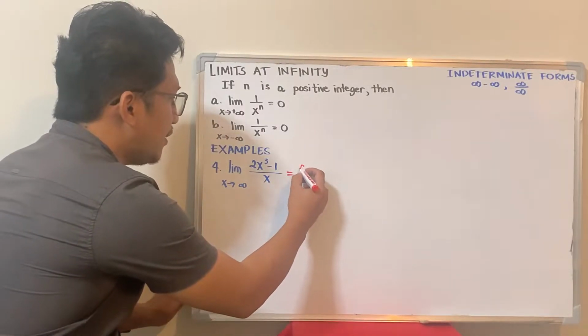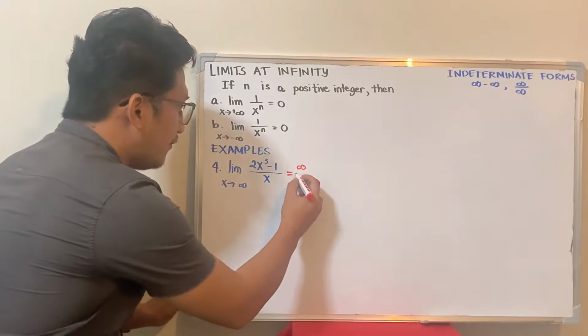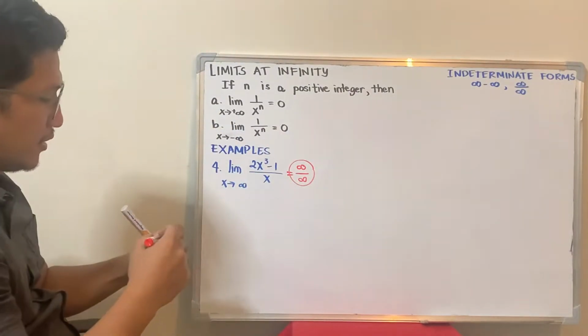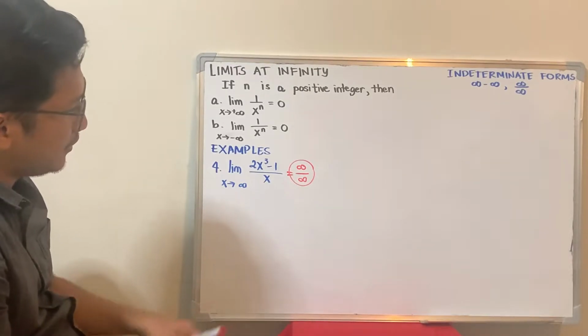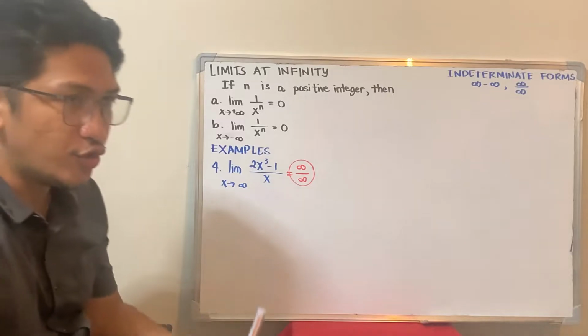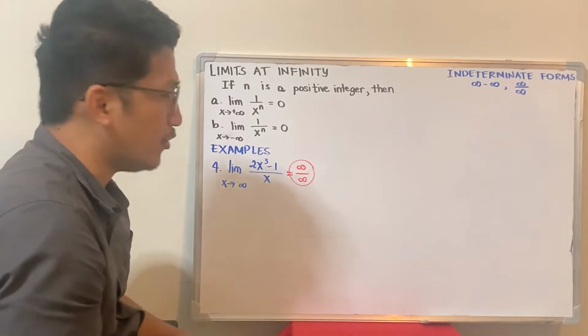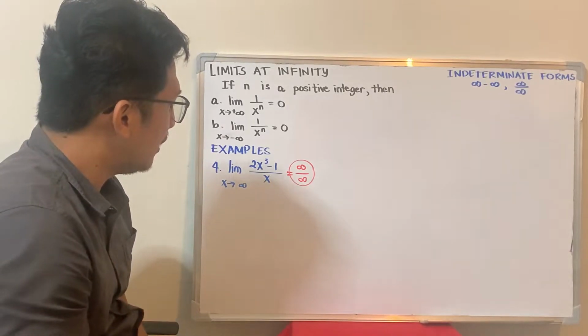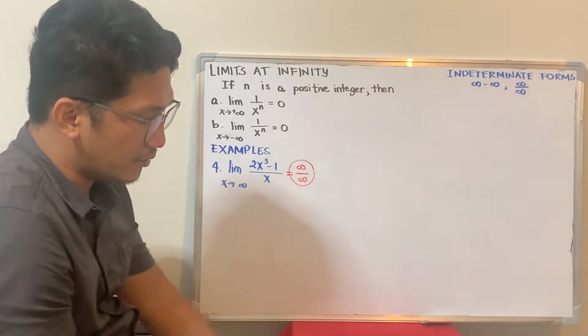So that's infinity all over infinity. Again, remember this is indeterminate. If it is indeterminate, you should look for an alternative way, algebraically, to get the limit.